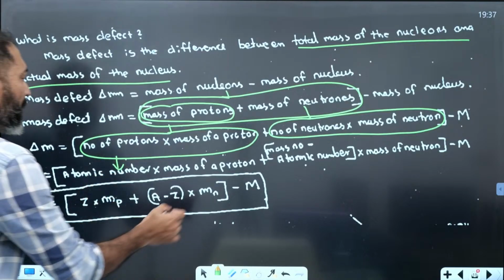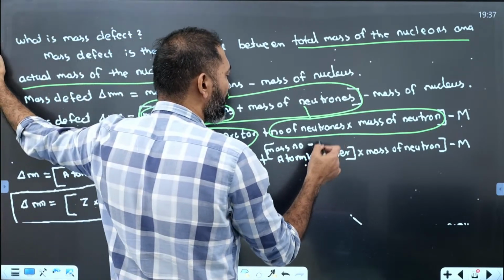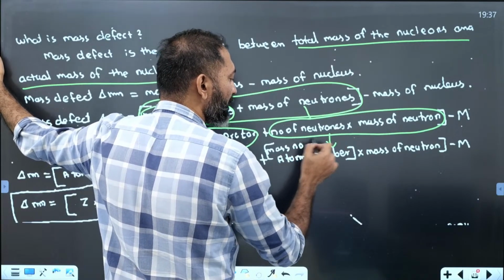What is the number of protons? Atomic number. What is the mass of a proton? Mass of a proton only. Number of neutrons means what? Mass number minus atomic number.